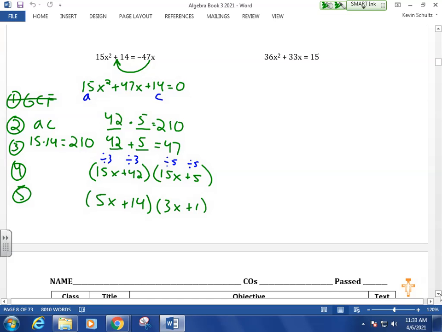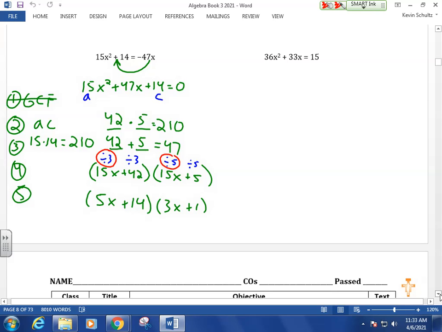The A term in this one, 15, we were able to simplify by 3 and 5, which multiply to make 15. Right? If you look back at other ones that you've done where you were able to simplify something, you'll notice on many of them that this happens. Okay, more than just a coincidence.